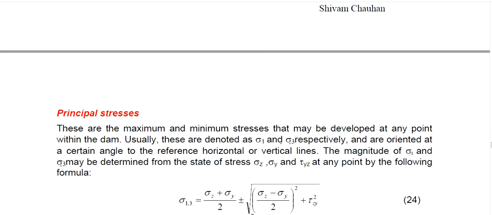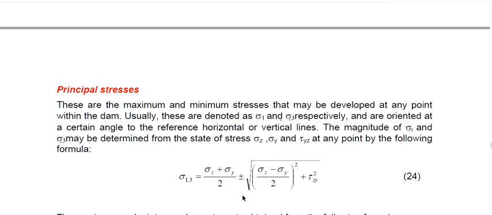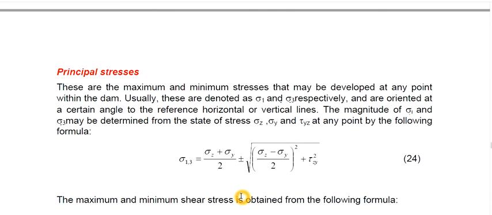If you put the negative or subtraction sign here, then you get the minimum principal stress, sigma 3. So here we were discussing the maximum and minimum principal stresses.